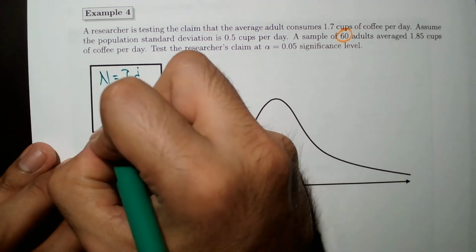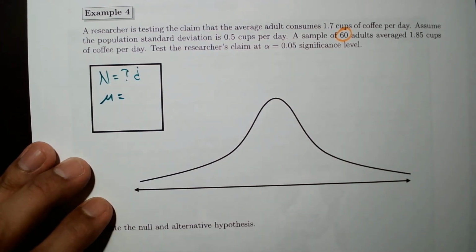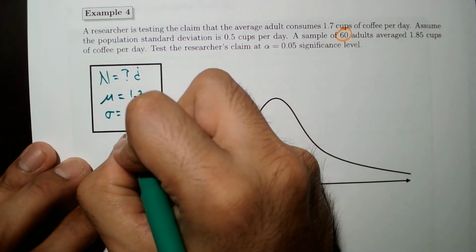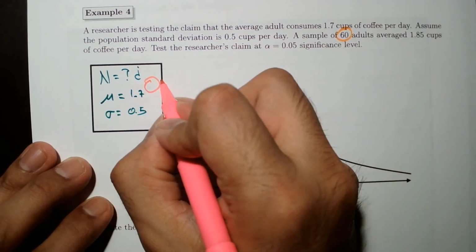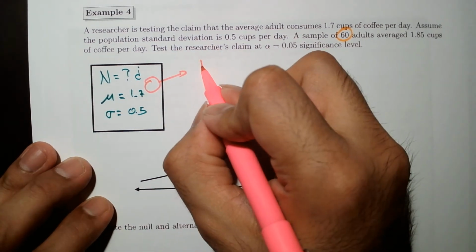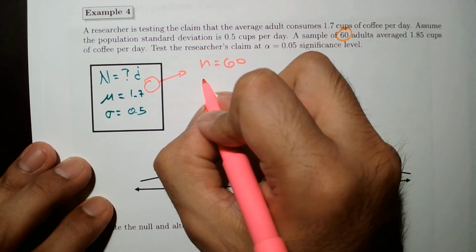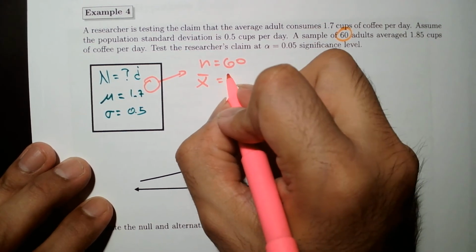The mean is 1.7. The standard deviation is 0.5. So n is now 60, the same standard deviation, and the x bar was 1.85.